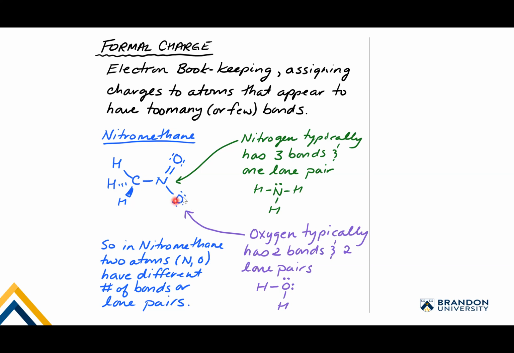And if we look at this oxygen here, oxygen typically has 2 bonds and 2 sets of lone pairs. Well, this oxygen here has 2 bonds, 2 sets of lone pairs, so it looks normal. But this one has 1 bond and 3 sets of lone pairs, so it appears to have too many lone pairs and too few bonds. And this is where formal charge is going to apply.